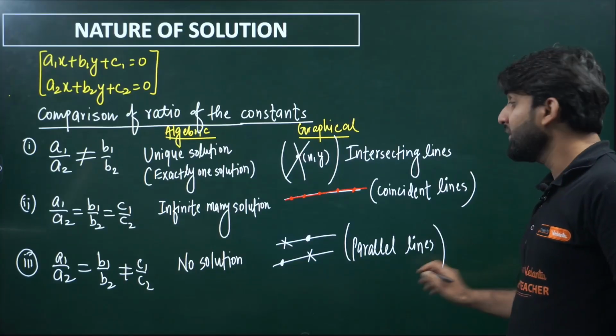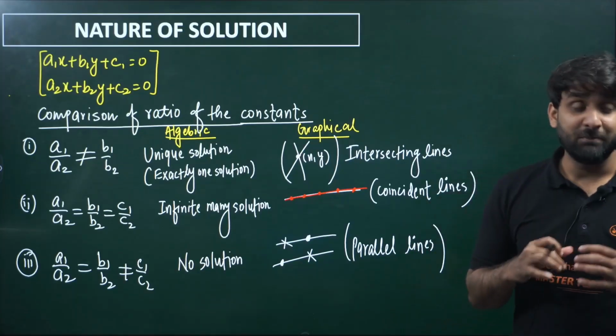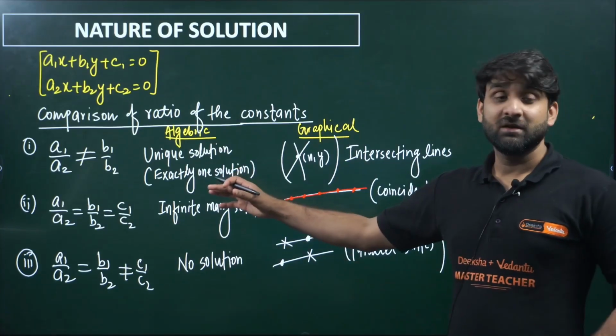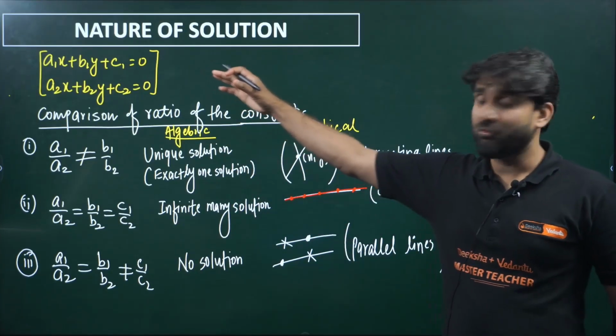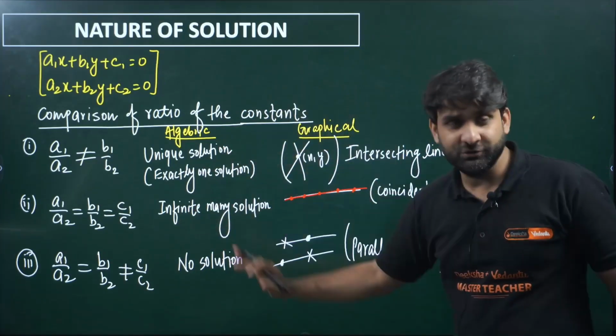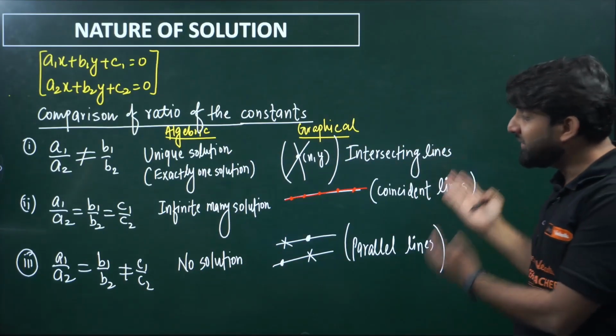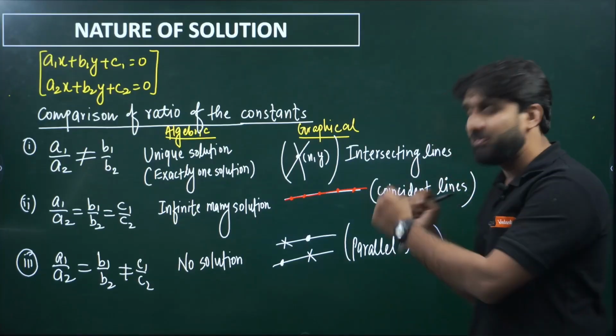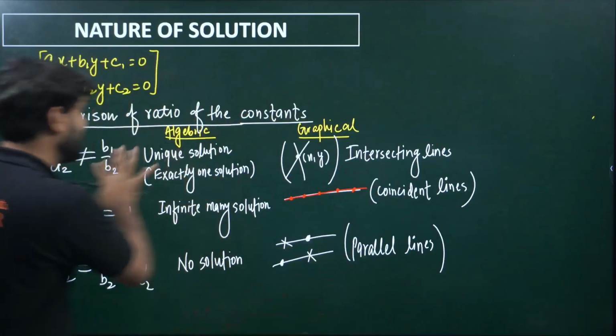So my dear champion, without solving the pair of linear equations in two variables, you can identify whether the given equations have a unique solution, infinitely many solutions, or no solution. You can identify their graphical representation also, whether the lines will be intersecting, coincident, or parallel. So this is very important.